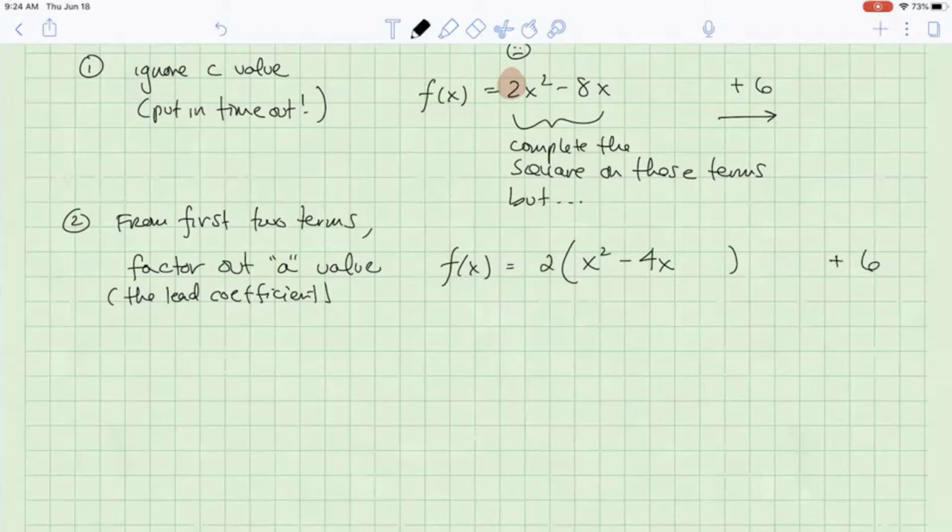So what we've done is we have factored out the 2 from each of the front two terms, and now we complete the square in the parentheses.